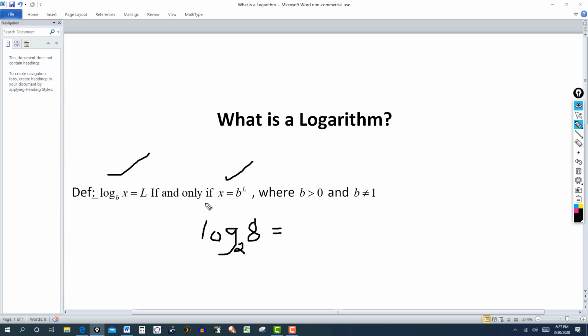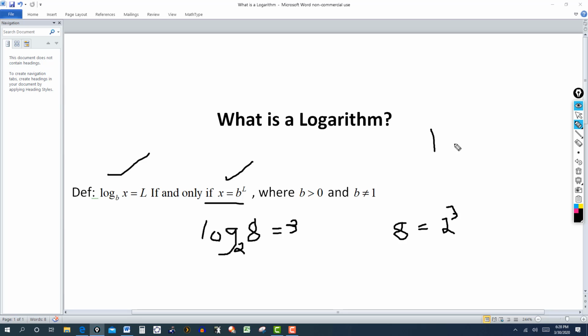If you look at the exponential form, we're looking for a number L so that if we take this base to that particular power, it's going to give us the number x. So we want 8 to equal base 2 to what power? Well, 2 times 2 times 2 is 8, so obviously this is 3. So log of 8 to base 2 is equal to 3.